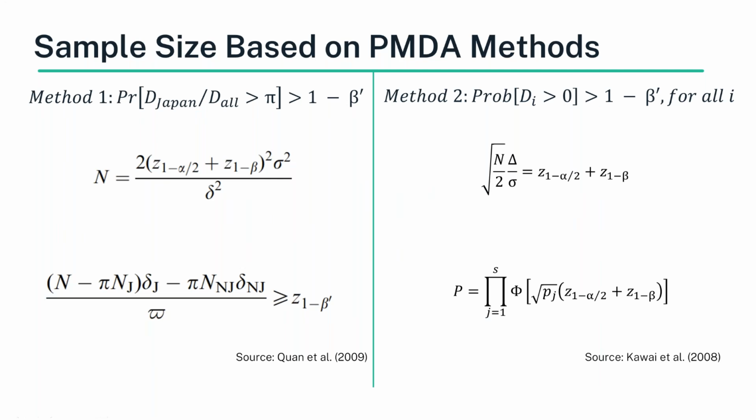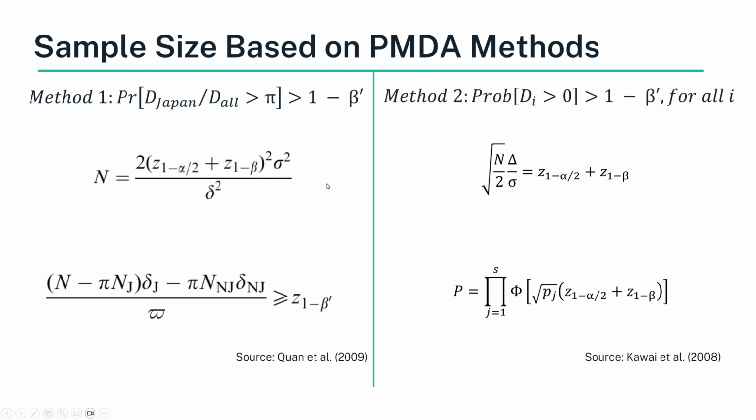But I'll just quickly touch on it, as it highlights again the two objectives of the multi-regional clinical trial: to show an overall effect and then to show consistent effect.